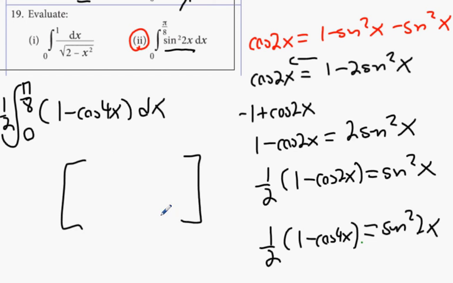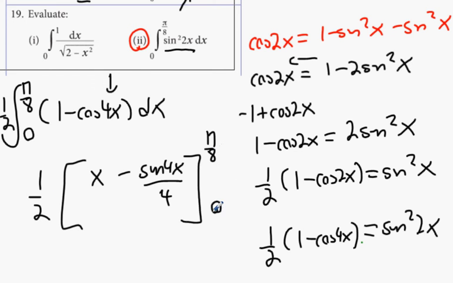Here we are. So when you integrate cos 4x, you get sine 4x over, differentiate the angle, divided by the differentiation of the angle. Differentiate 1, x. Half on the outside. Limits pi over 8 and 0.